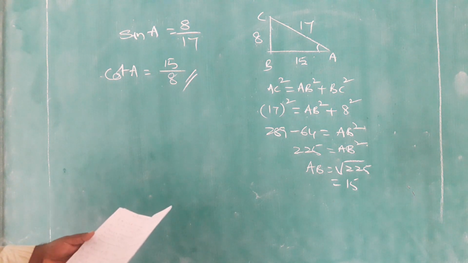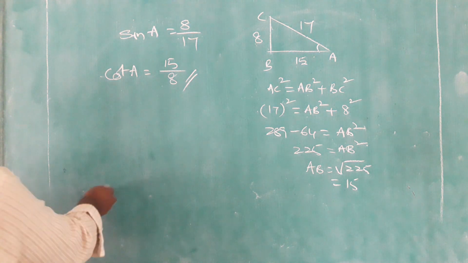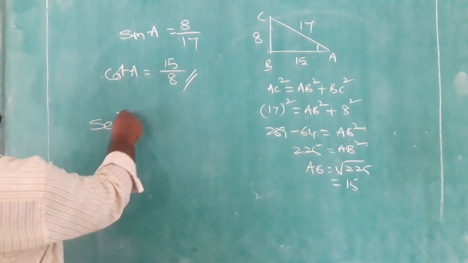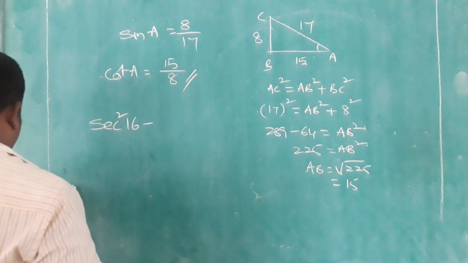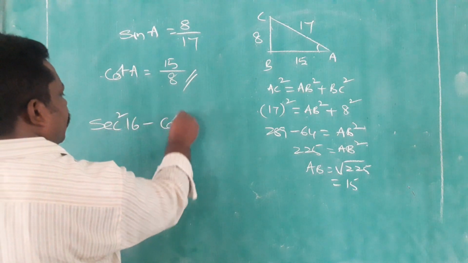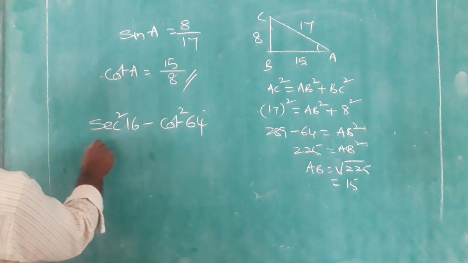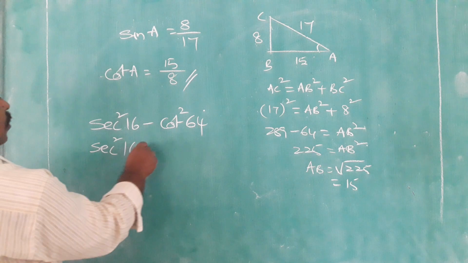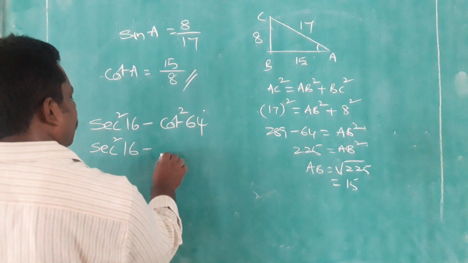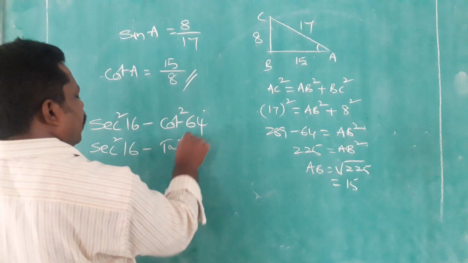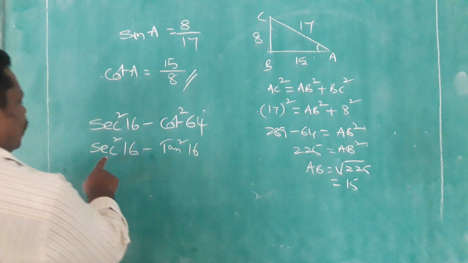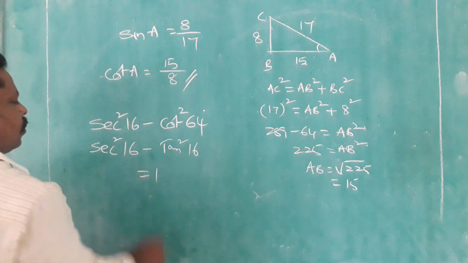Next one, find the value of sec square 16 minus cot square 64 degrees. Now this can be written as sec square 16 minus tan square 16. Sec square 16 minus tan square 16 is equal to 1.